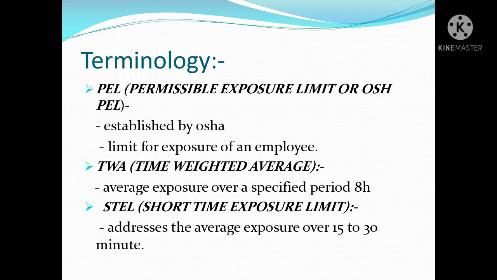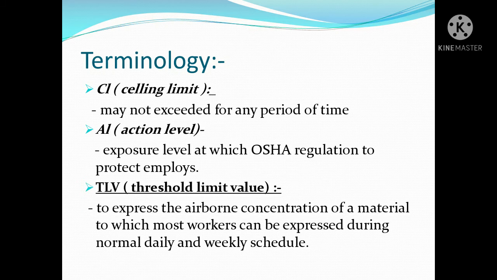Next is STEL, short term exposure limit. It addresses the average exposure over a 15 to 30 minute period of maximum exposure during a single work shift. Next one is ceiling limit.